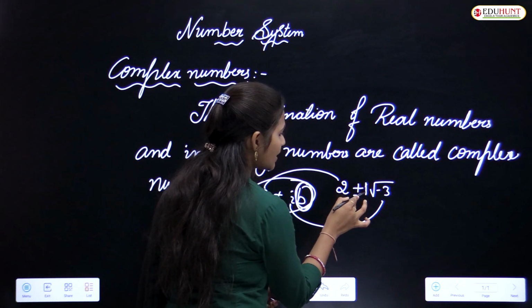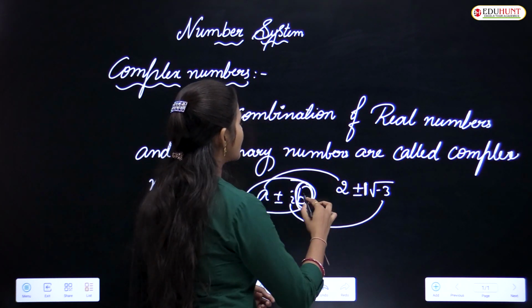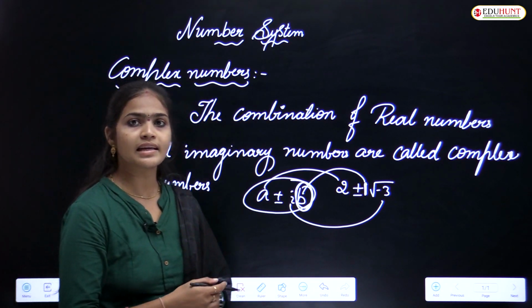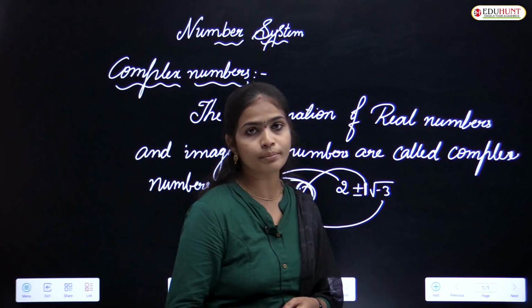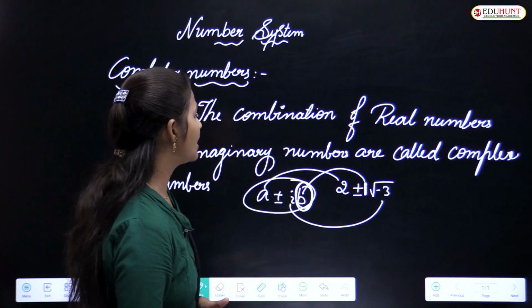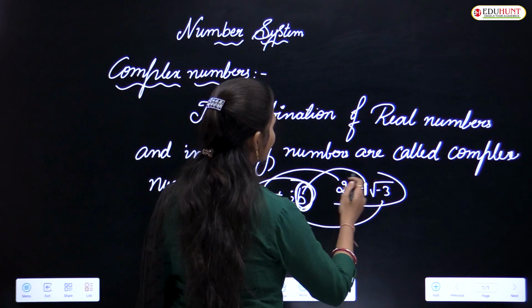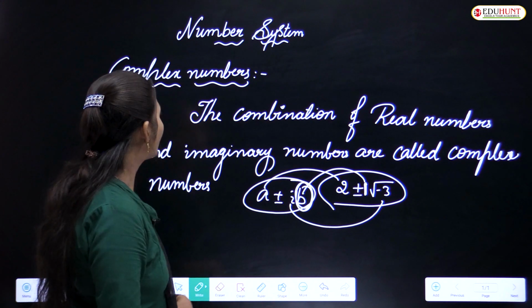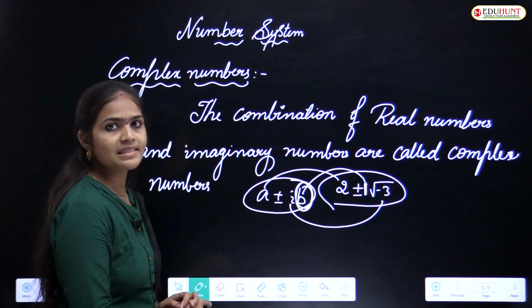Nothing is there means we can consider it as 1, no? So that's why b is equal to 1. 1 into root 3 is again root 3, and 1 into square root of minus 3 is also square root of minus 3. So the numbers which are in this form, either plus or minus in between those two, we will call this type of numbers complex numbers.